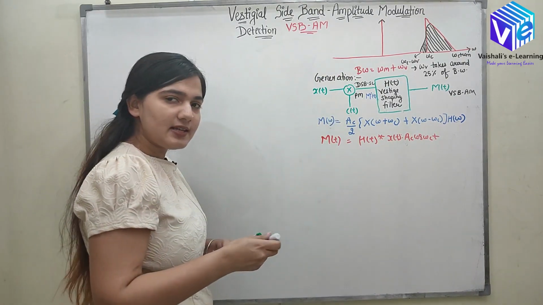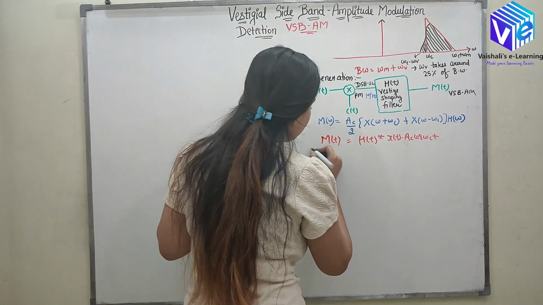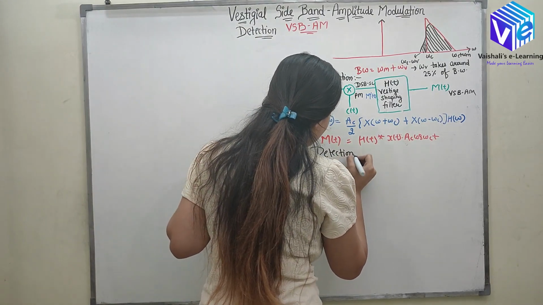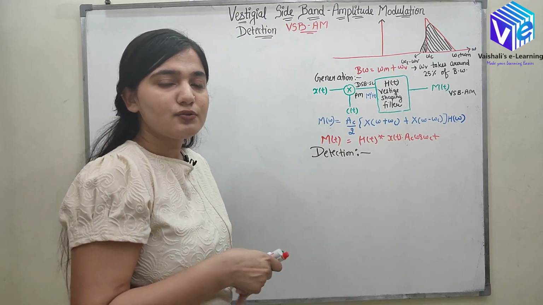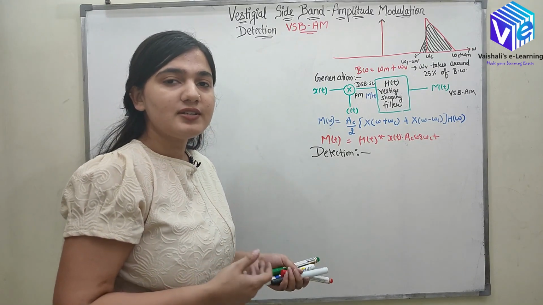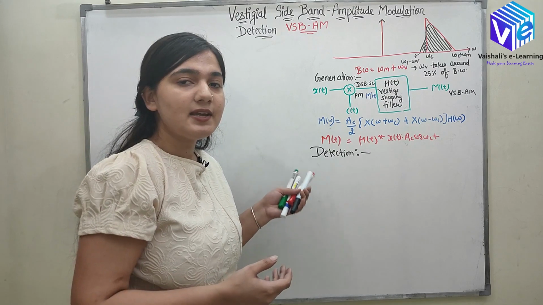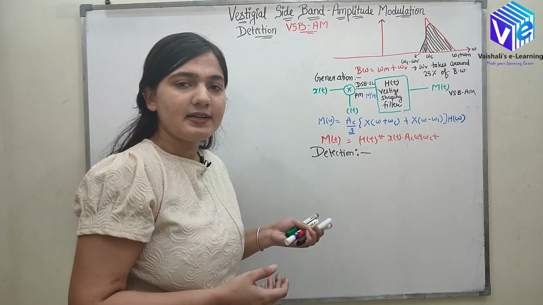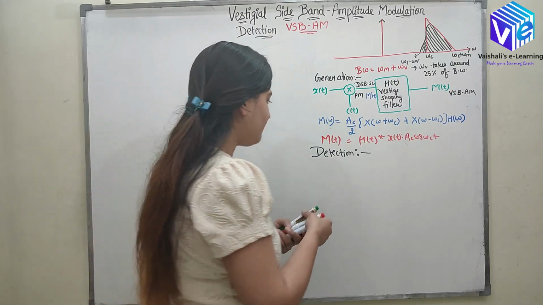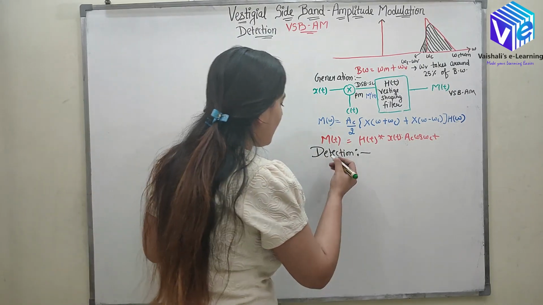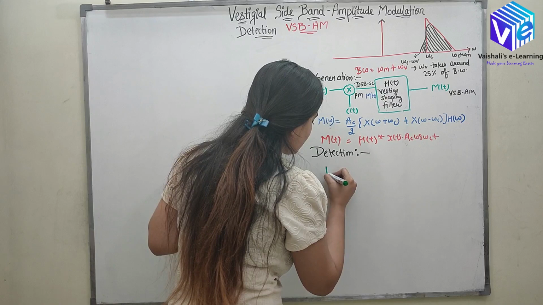Now let's see the block diagram of the detection. In the detection we use synchronous detection. I already told you synchronous detection is used in VSB, double sideband suppressed carrier and single sideband suppressed carrier. Here we are not using envelope detection.